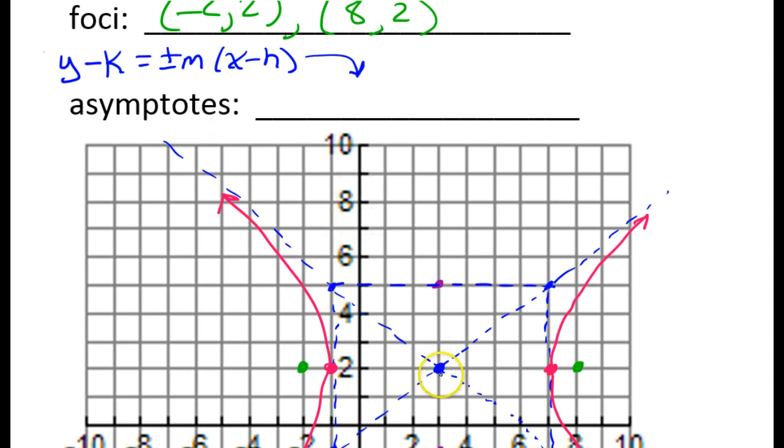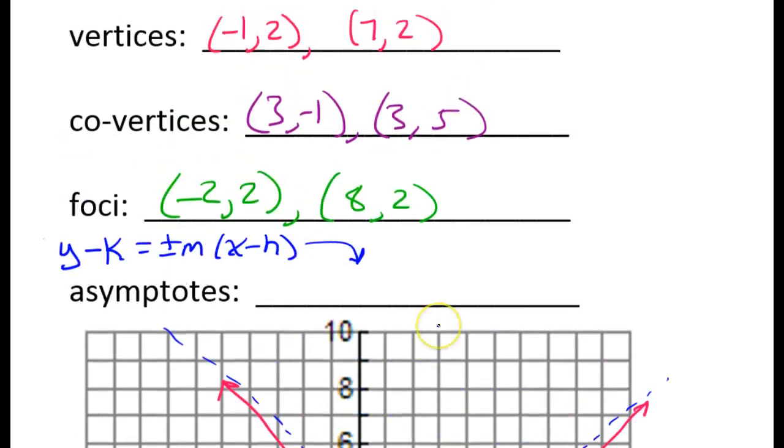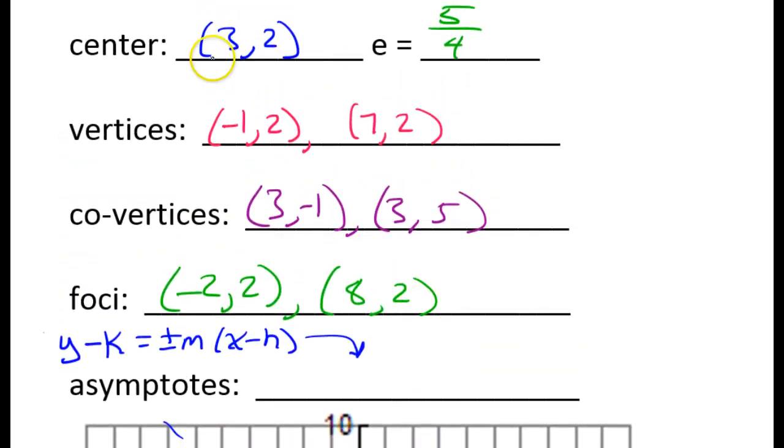Okay, again, the h and k, that's the center of the hyperbola. So we know that the center is 3, 2.